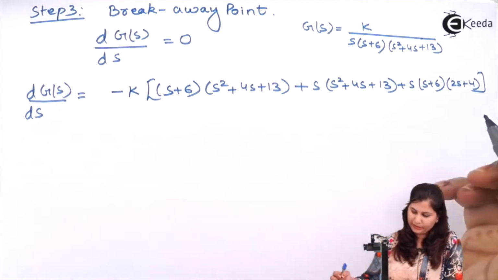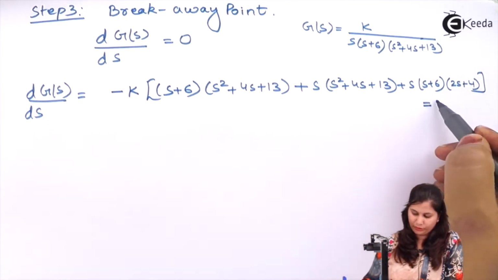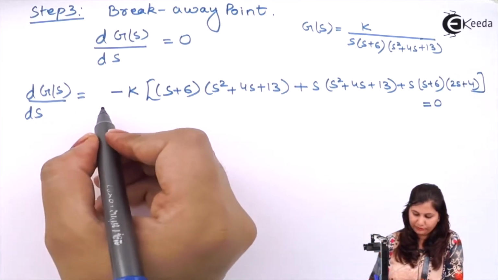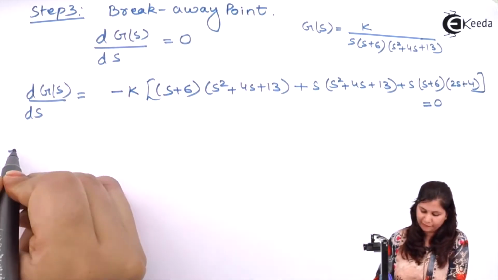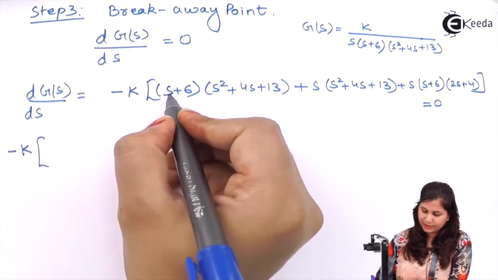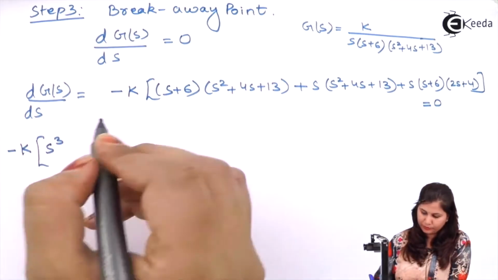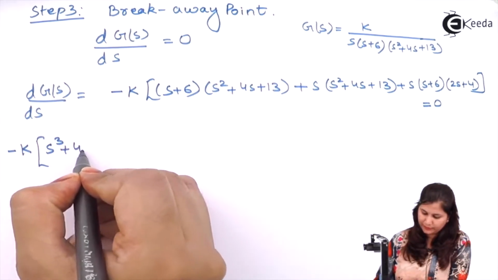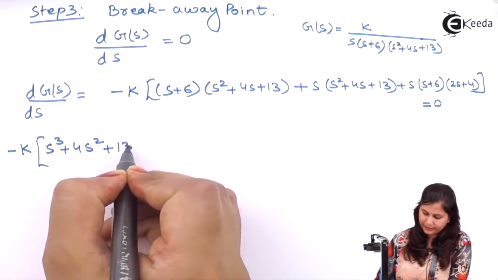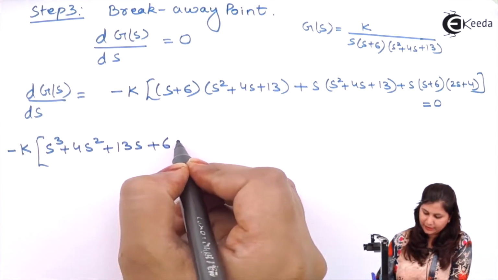Now we have to equate this to 0. So we will open this, and we will have minus K times s cube plus 4s squared plus 13s plus 6s squared.